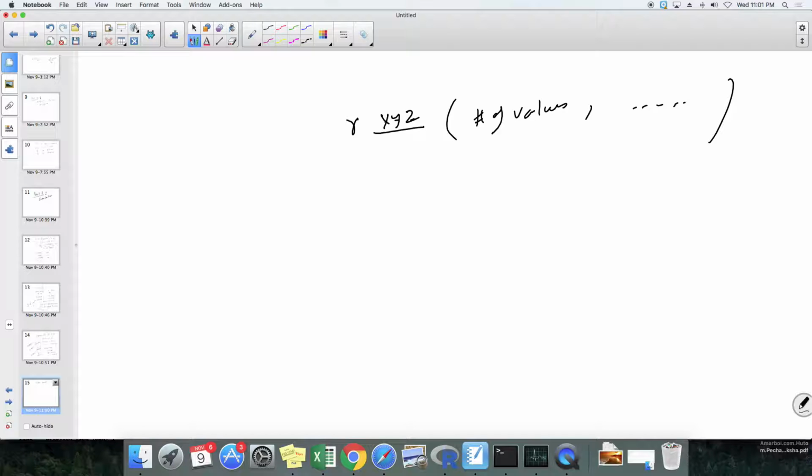For example, for uniform it needs lower and upper, for binomial it needs n and p, and so on.